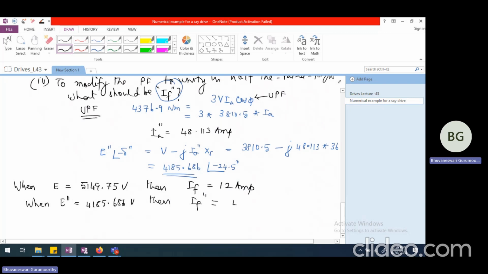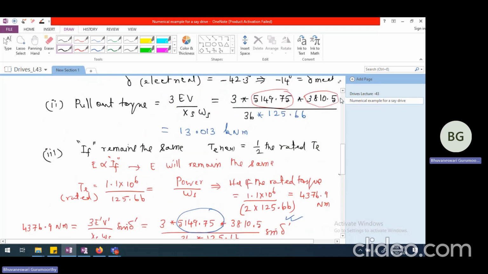So that should be 4185.686 divided by 5149.75 multiplied by 12. So this comes out to be 9.75 ampere. Please note that originally the field current was 12 ampere.